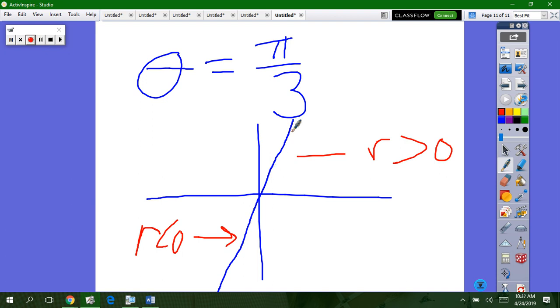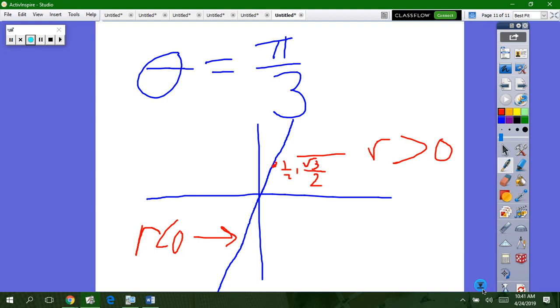So how do I write the equation of this line? Do we by chance know a certain point that's on that line? I do. I know a point is 1/2 comma root 3 over 2, because isn't that the coordinate of pi thirds? Correct? So I'm going to come down here.